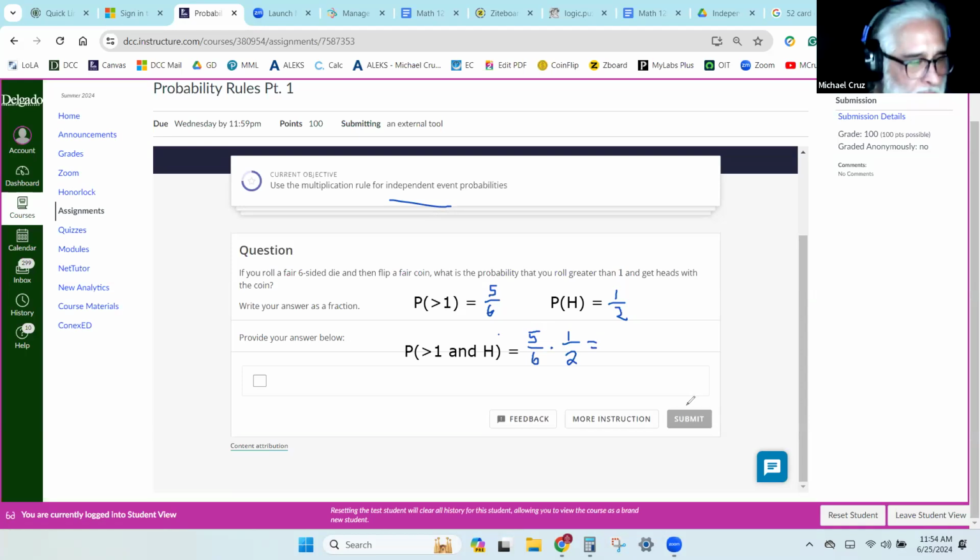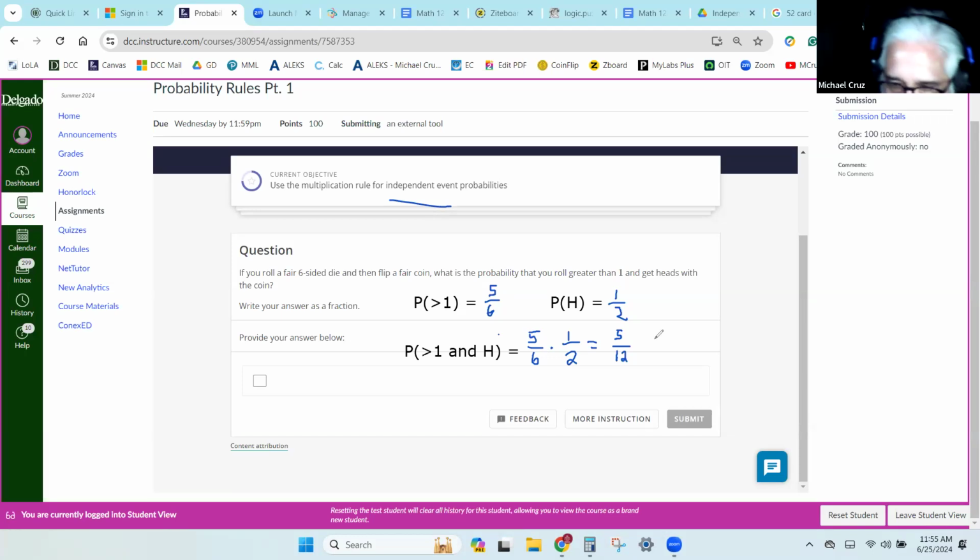And then multiply the fractions, numerator times numerator, denominator times denominator. Oftentimes, if there are any common factors, in other words, if there was a factor between 5 and 2, or 6 and 1, which there isn't in this case, if you take it out there, it won't be so hard to simplify.